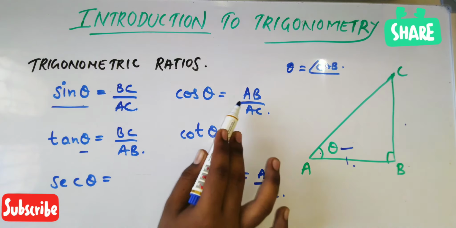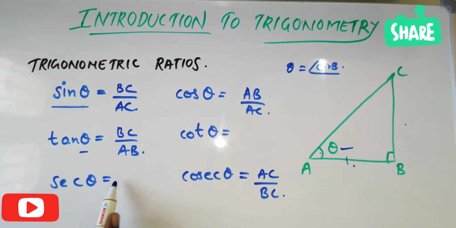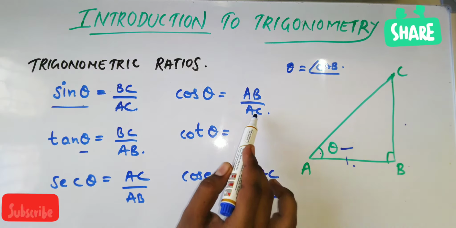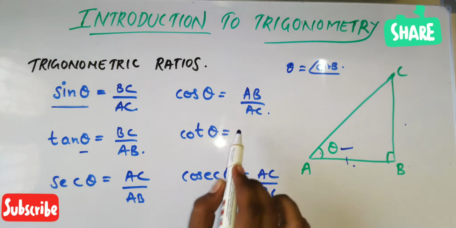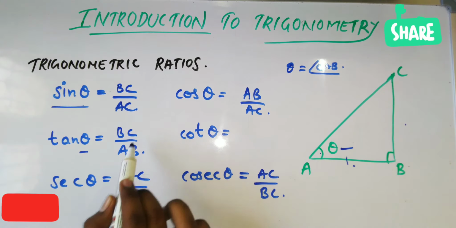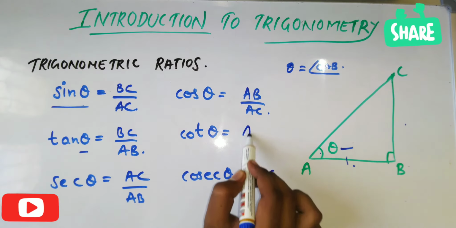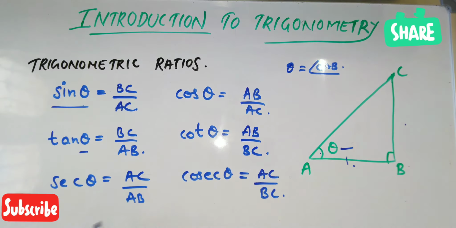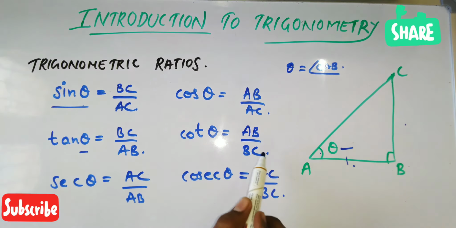Cos theta is AB by AC, its reciprocal will be secant theta, that is AC by AB. Here it was adjacent by hypotenuse, here it is hypotenuse by adjacent. That is the difference. Tan theta is related to cot theta, the reciprocal of this, it will be AB by BC. This was opposite by adjacent, this will be adjacent by opposite.